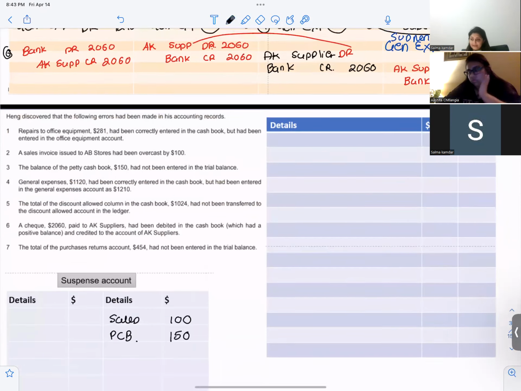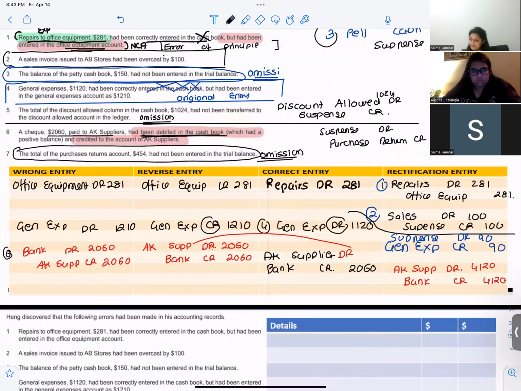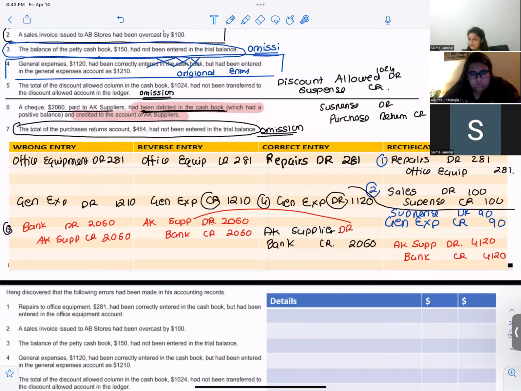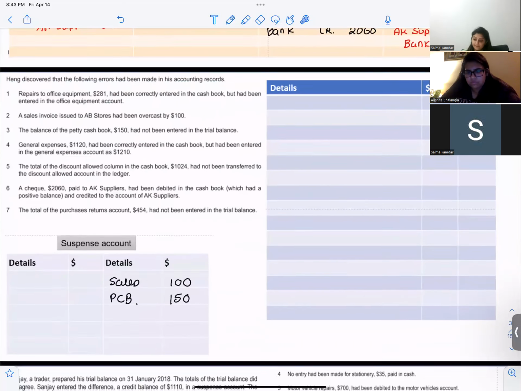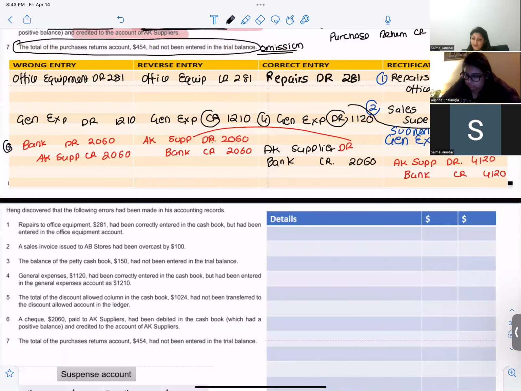Your fourth entry. Suspense is debit by 90. So on the debit of suspense, you will write general expense. Fifth entry.